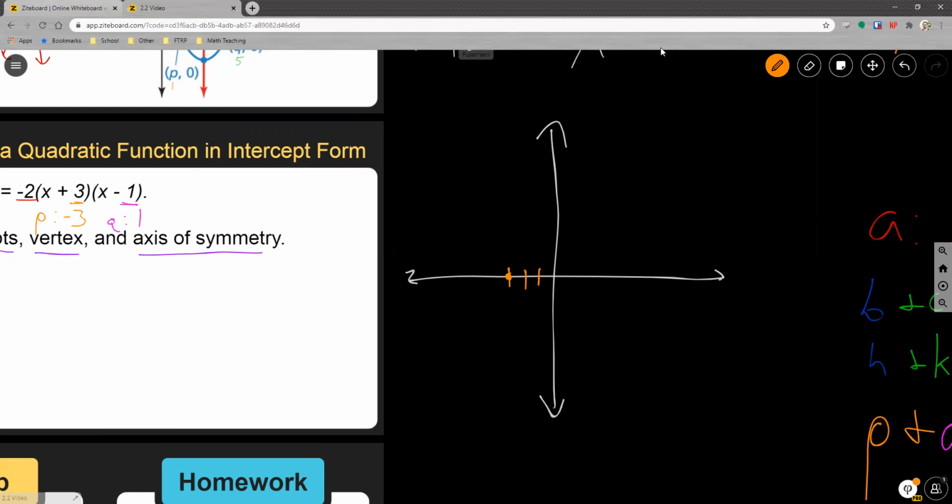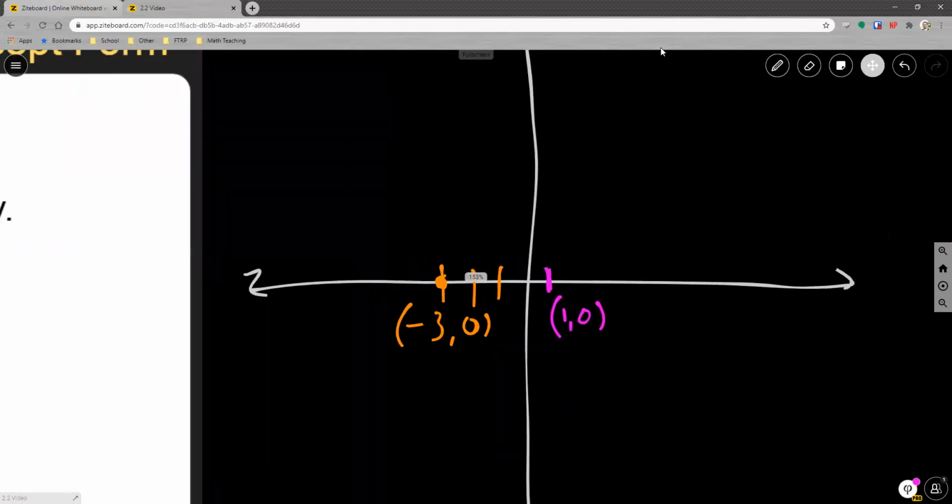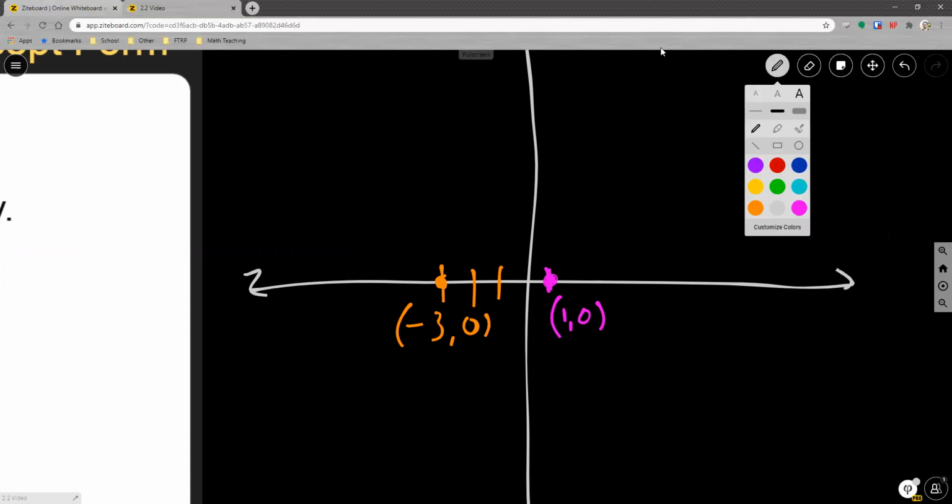And that's going to be at -3, comma 0. Same with q. I can go 1 to the right, and there's going to be my other x-intercept at 1, comma 0. So I've already got 2 points automatically graphed, and I haven't done anything. I just looked them up in the equation. I haven't done any actual arithmetic or anything.